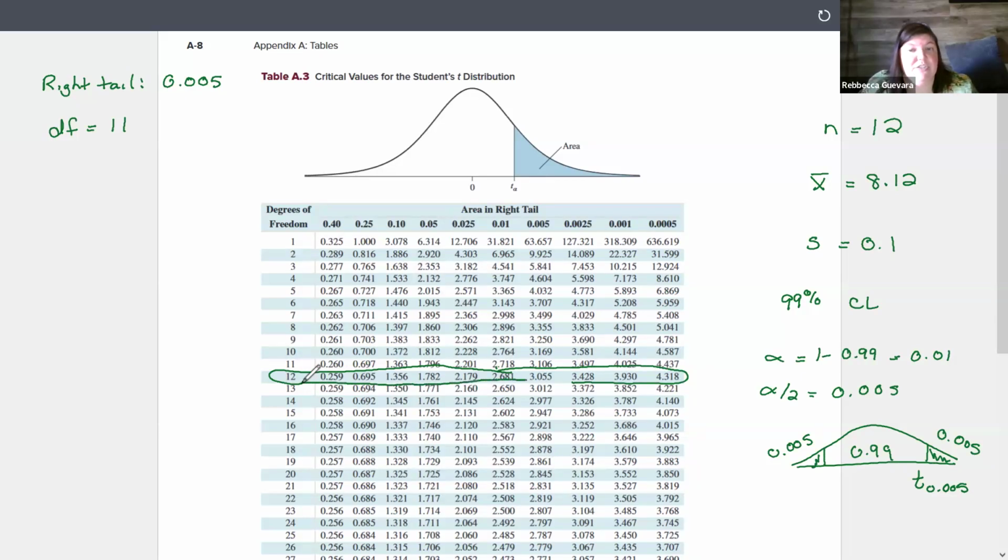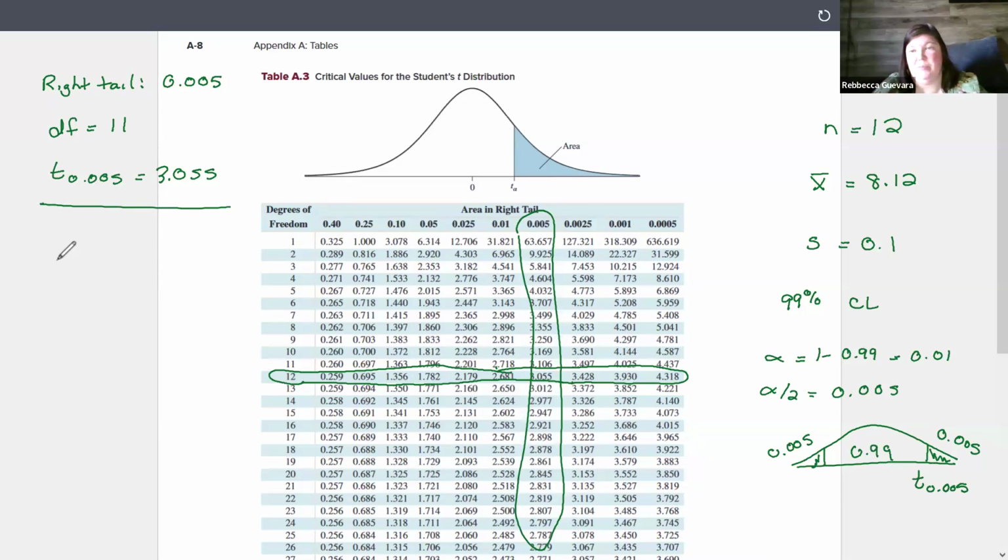The table is good as long as we're not estimating, as long as the correct degrees of freedom and area are on here. But we need right here 0.005. So we're going to get that t of 0.005 is actually 3.055.